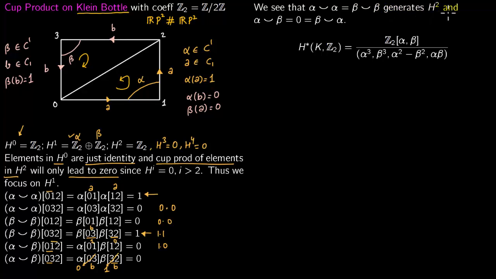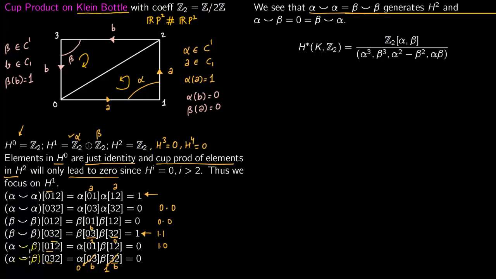They generate H2, because H2 consists of this upper triangle and lower triangle. The components of H2 are 0, 3, 2 and 0, 1, 2, and 0, 1, 2 is generated by this, and 0, 3, 2 is generated by this. Both of them generate H2, and alpha cup beta is 0, and beta cup alpha is also 0.